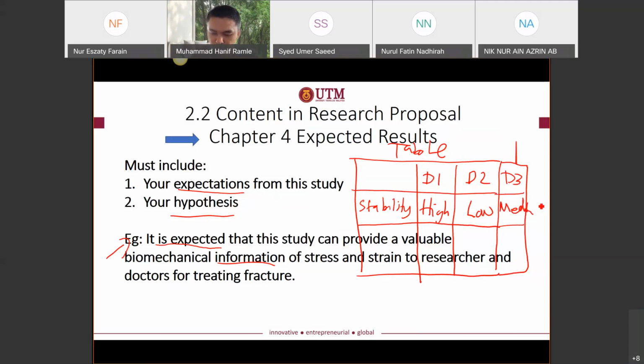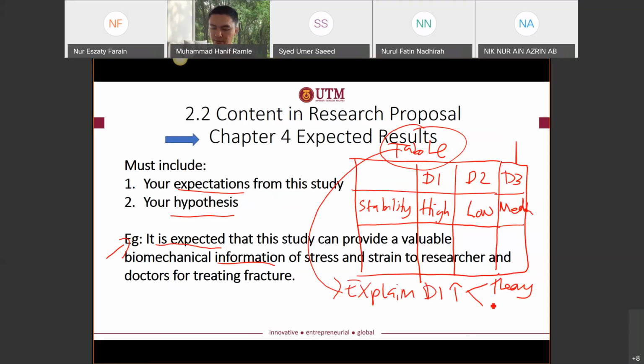Based on this table, you have to explain why you expect the first design to be high, based on theory, previous studies, and so on. This is the way I normally ask my students to do it. This is the content in the research proposal.